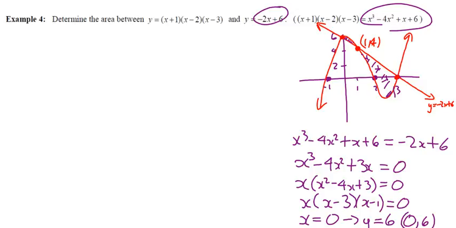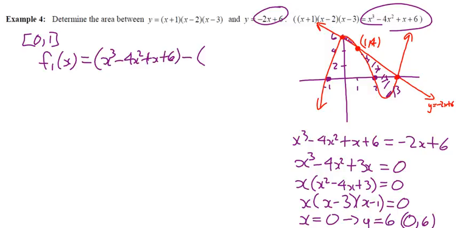On the interval from 0 to 1, which is where they first meet at 0, 6, the upper function, so we're going to say f sub 1 and f sub 2, we stay with the f's. The upper function is the cubic, so it's x cubed minus 4x squared plus x plus 6 minus negative 2x plus 6.